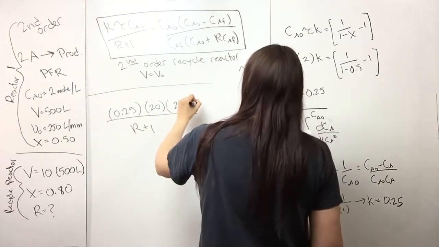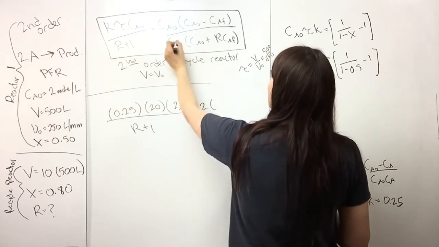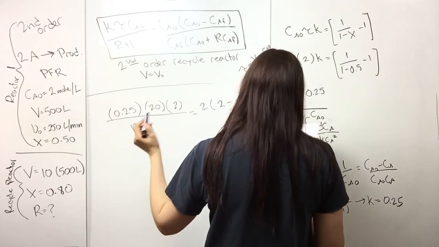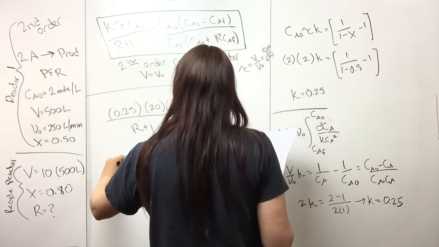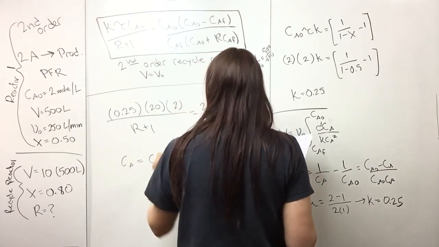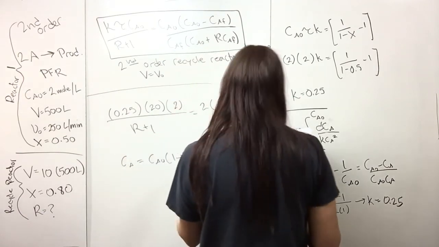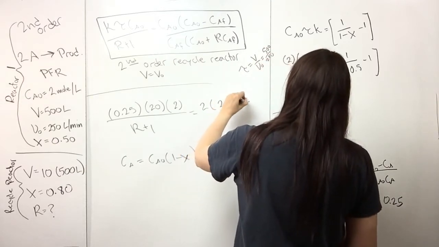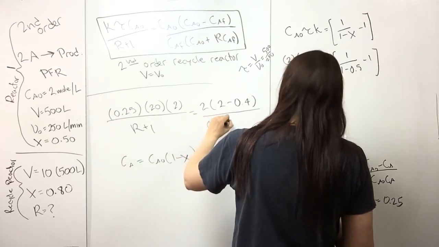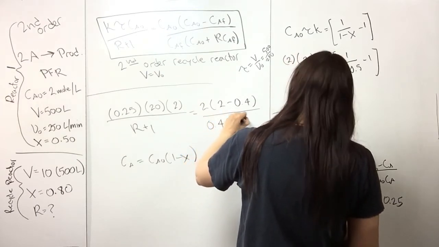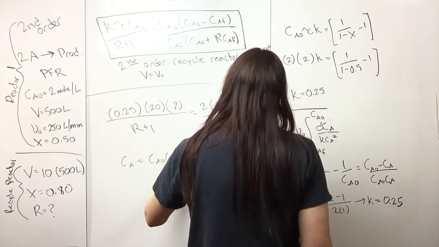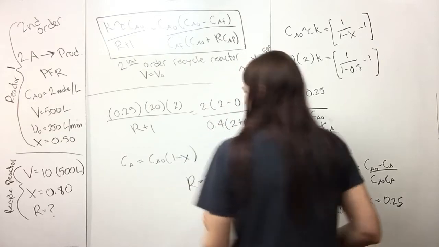And that's equal to CA naught, which is 2, multiplied by CA naught minus CA final. And we can get CA final because we know that CA is equal to CA naught (1 minus X). So if we plug in 0.8, then we get CAF as 0.4, over CA naught, which is 2, plus 0.4 R. So then you can solve this equation for R. And if you do that, you get that R is equal to 3.